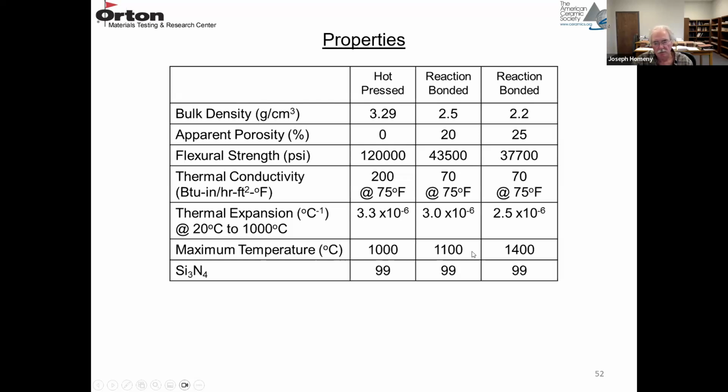The maximum use temperatures are not that high because of the oxidation issues. 1,000, 1,100. This one claims to be 1,400. I don't know if that's possible, but that's what the claim is in the data sheet. And they're basically all silicon nitride. So that's what I have on carbon, silicon carbide, and silicon nitride.